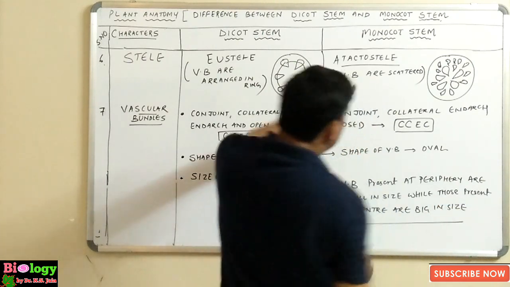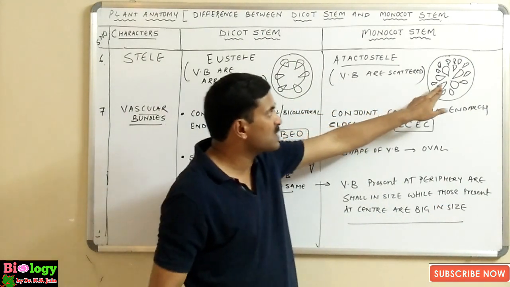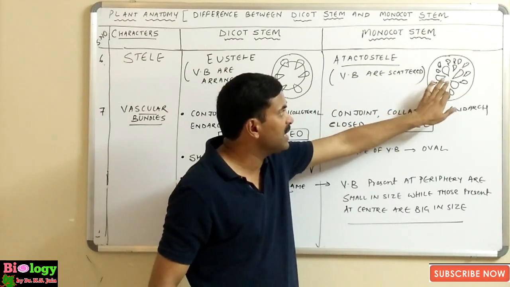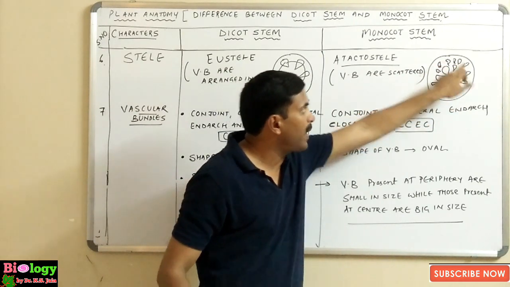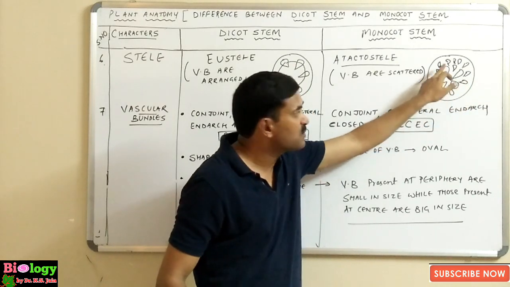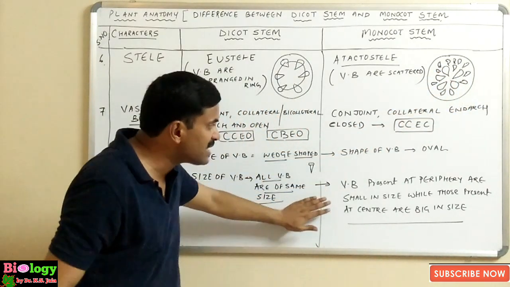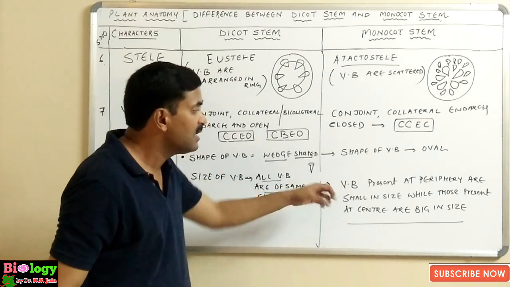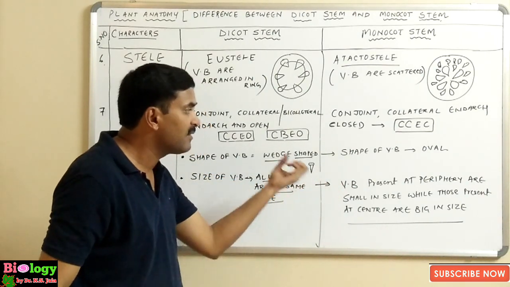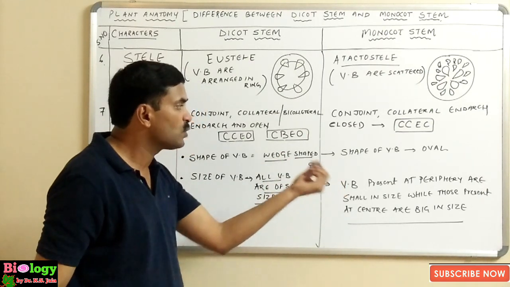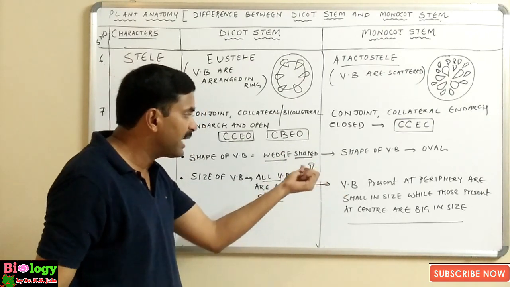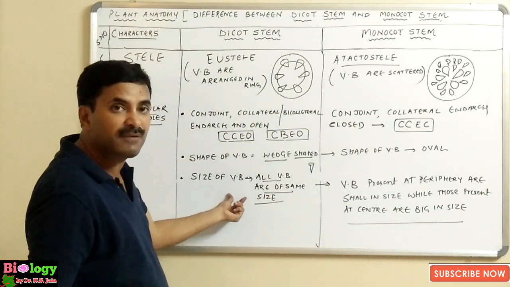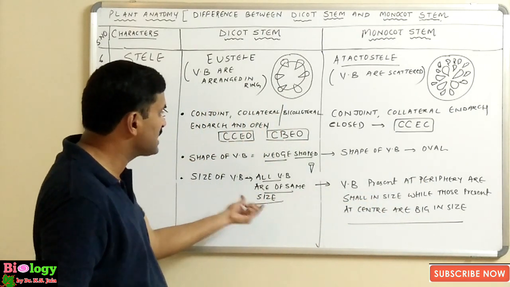You can see in the stele region I have made the vascular bundles, and at the center part I have made big vascular bundles, while at the periphery I have made small vascular bundles, which suggests that the vascular bundles are not of the same size. Those at the center are big, while those at the periphery are small, while here all the vascular bundles are of same size.